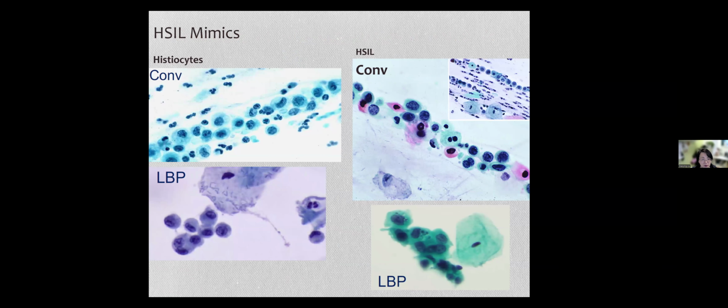It's a pretty well-known HSIL mimic. In the conventional smear you can see bean-shaped nuclei and irregular nuclear contour, a relatively high NC ratio, but contrast that to the real HSIL on the right-hand side: the nuclei are really hyperchromatic with high NC ratio and coarse chromatin. That will help you.